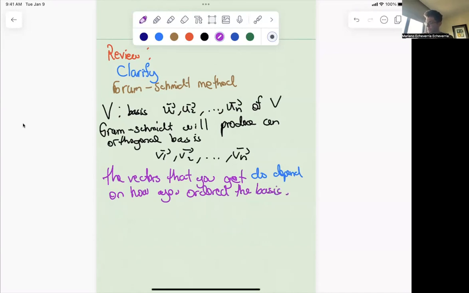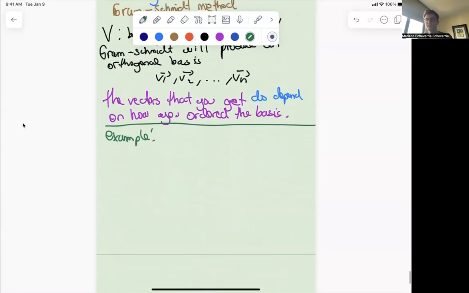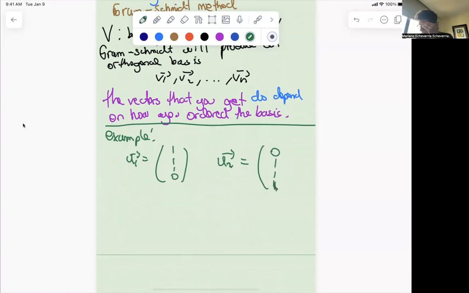For example, let's imagine that the first vector I had given you is 1, 1, 1, 0, and the second vector I gave you was 0, 1, 1, 1. Let's say that's the basis of some vector space.